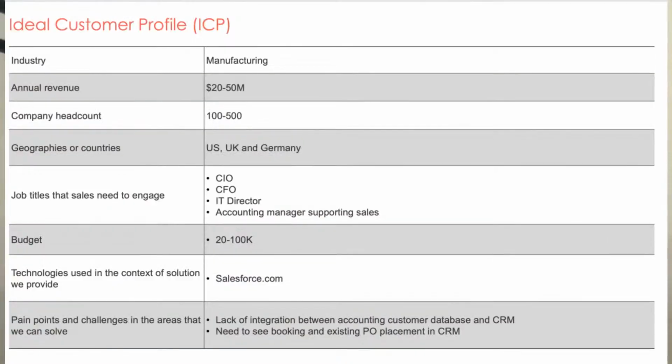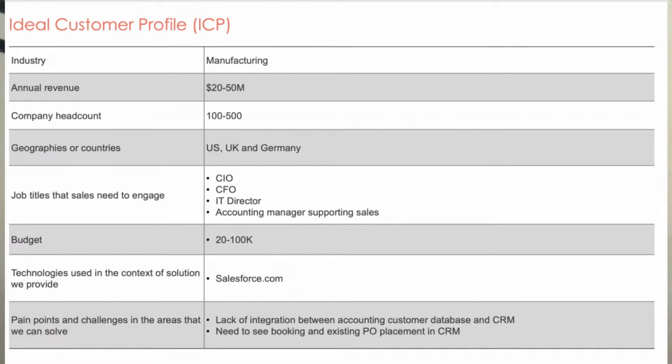Now, here are two templates I want to share with you. The first one is ICP. Okay, take a look at this template. It starts with the industry, right? You identify a specific industry segment that will buy from you, and it can be the manufacturing segment.